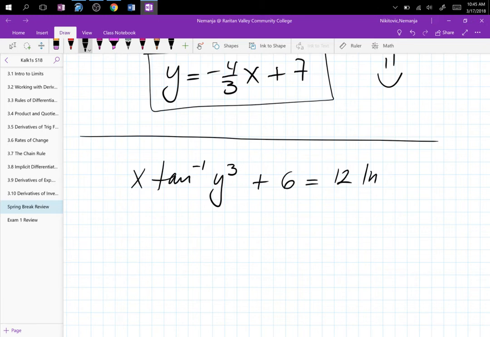You said ln? Okay, ln of what? Well, it has to be something. You can't have ln of nothing. Cube root of x squared. Thank you very much. Excellent.